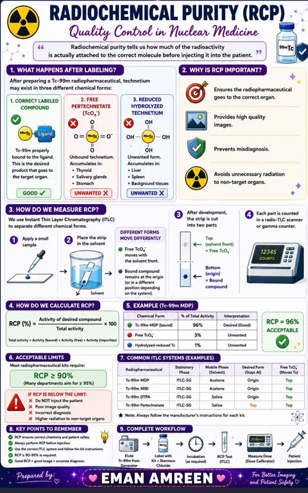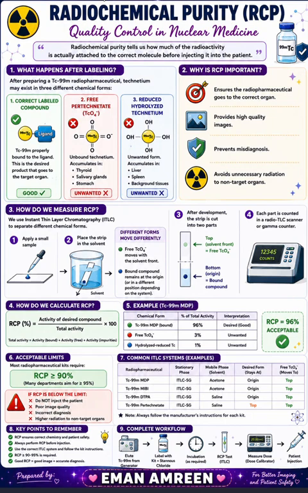How do we measure RCP? We measure radiochemical purity using a method called instant thin layer chromatography, or ITLC. In this method, we apply a small sample of the radiopharmaceutical on a strip, then place it in a solvent.